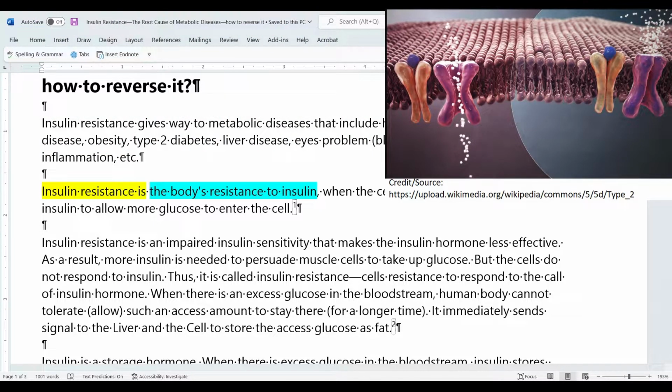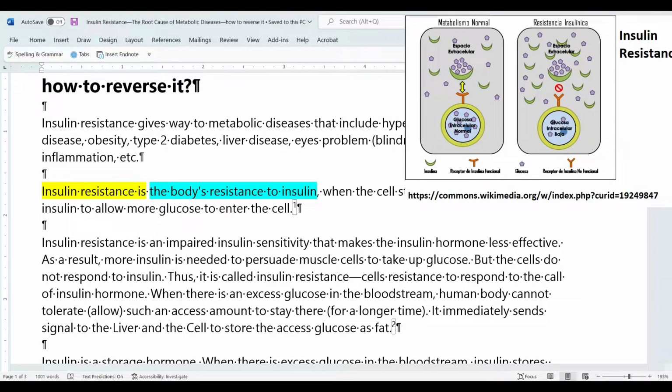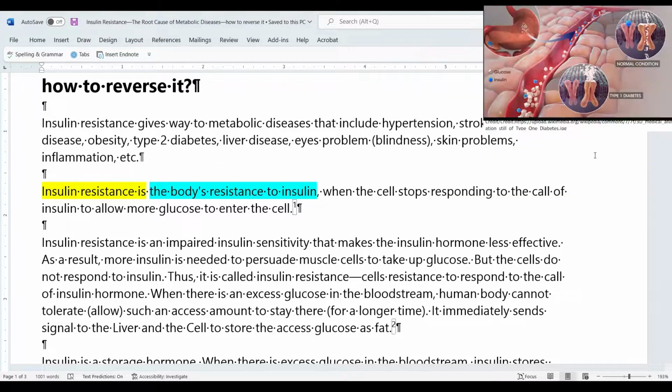Insulin resistance is the body's resistance to insulin, when the cell stops responding to the call of insulin to allow more glucose to enter the cell. Insulin resistance is an impaired insulin sensitivity that makes the insulin hormone less effective.